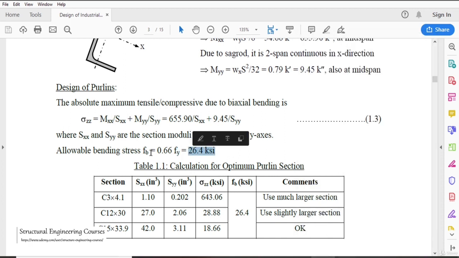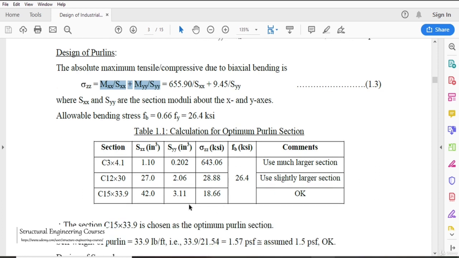This is the allowable bending stress, 26.4 KSI, and this is the bending stress that we calculated by this equation, considering both the bending moment and the section modulus along both x and y direction.